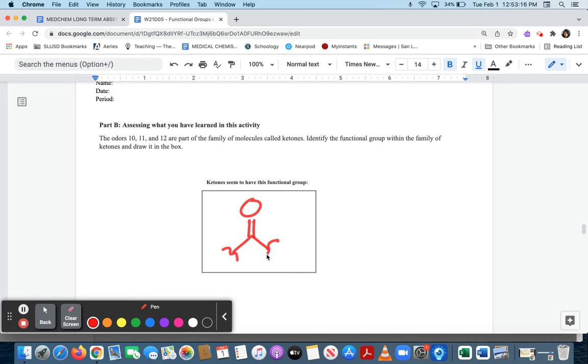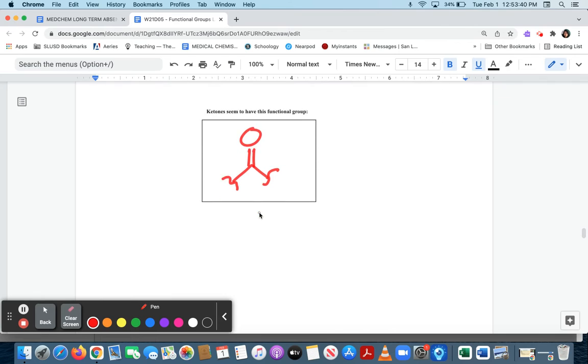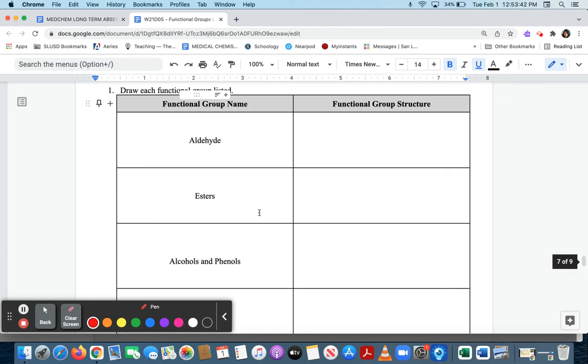And the squiggly line on each side just represents the fact that this ketone, to the left and to the right, this part of the molecule might look different depending on what molecule we're looking at. But the common shape that a lot of molecules that have a sweet taste or odor will have is this ketone shape or functional group.